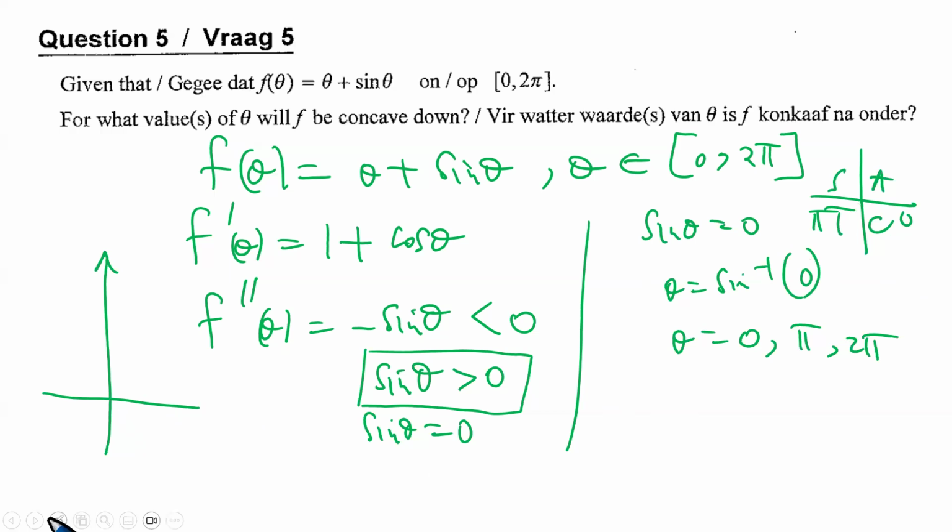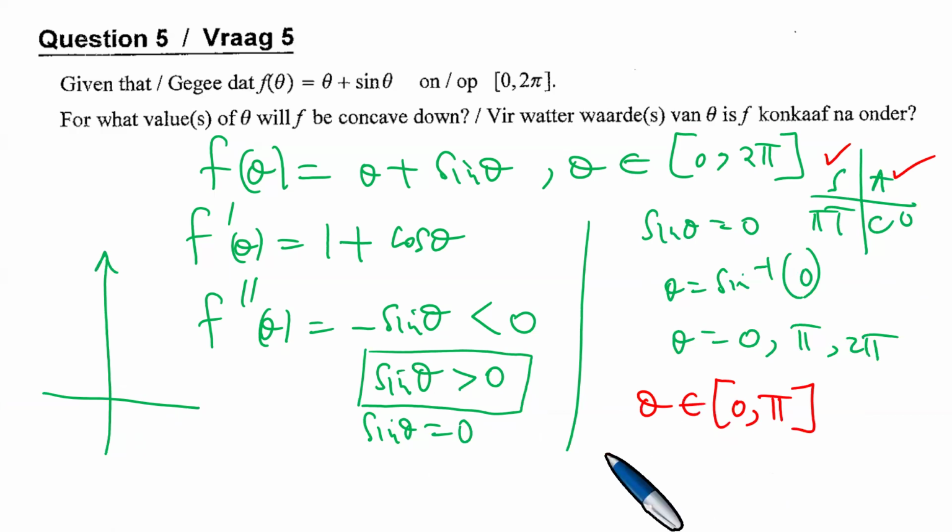Because of the cast diagram, you can tick the quadrants where the sine is positive. So you're able to see, therefore, that it is positive between 0 and pi.